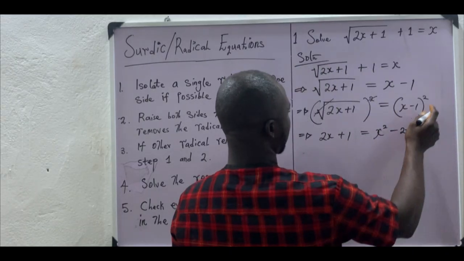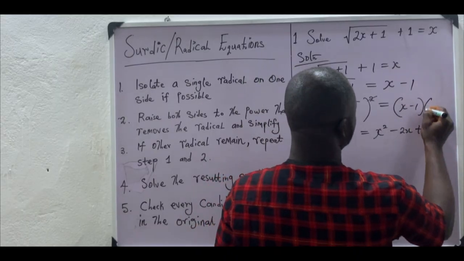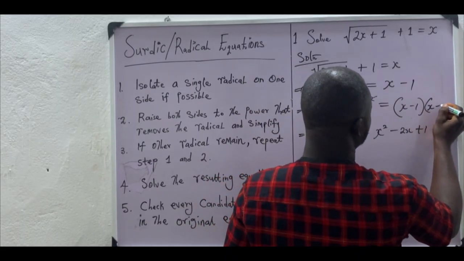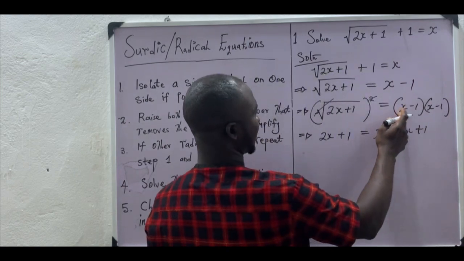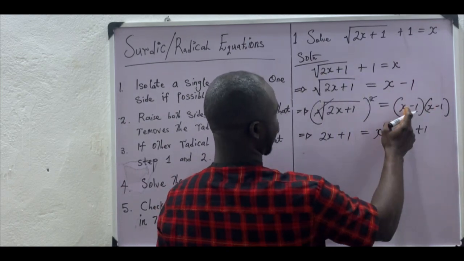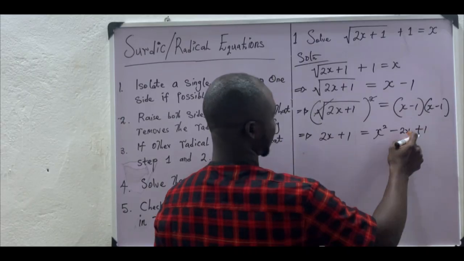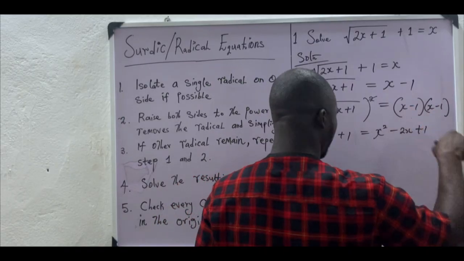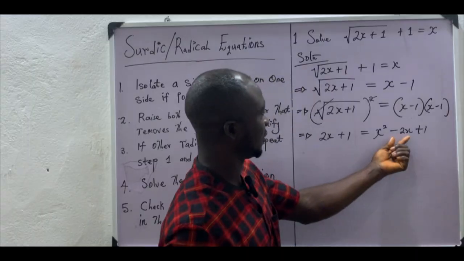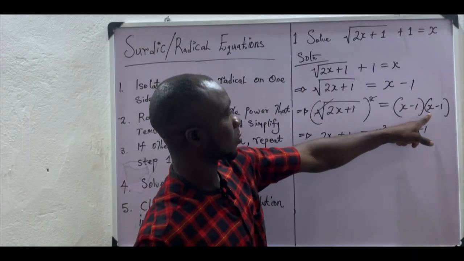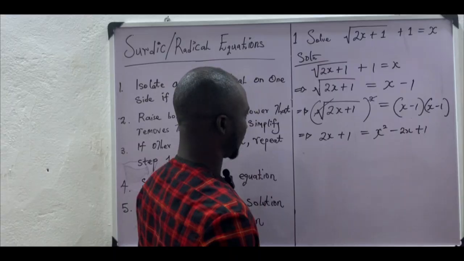Because this is like x minus 1 multiplied by itself 2 times. So I have x times x here, which is x squared, then x times minus 1, which is minus x, and minus 1 times x, which is also minus x, and minus x and minus x will give us minus 2x, then minus 1 times minus 1 will give us plus 1.